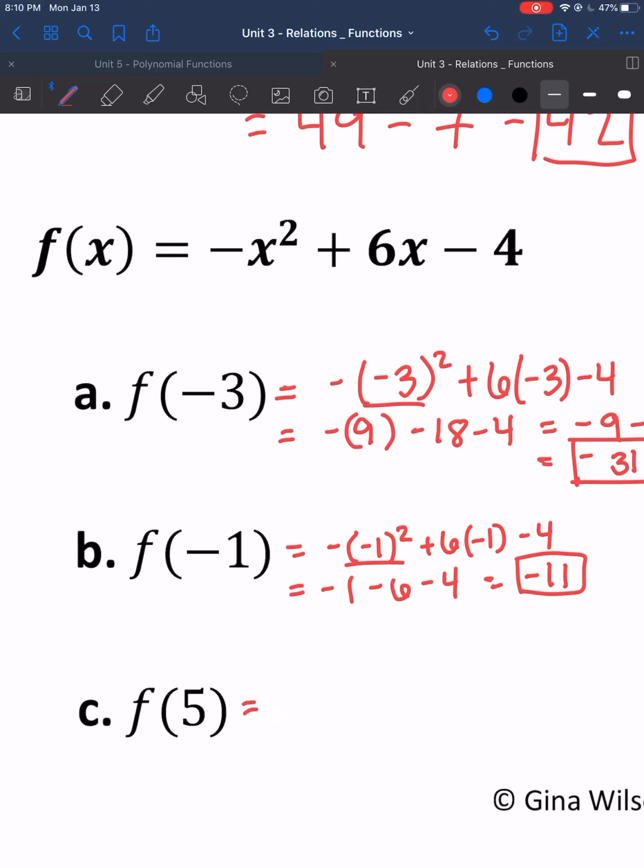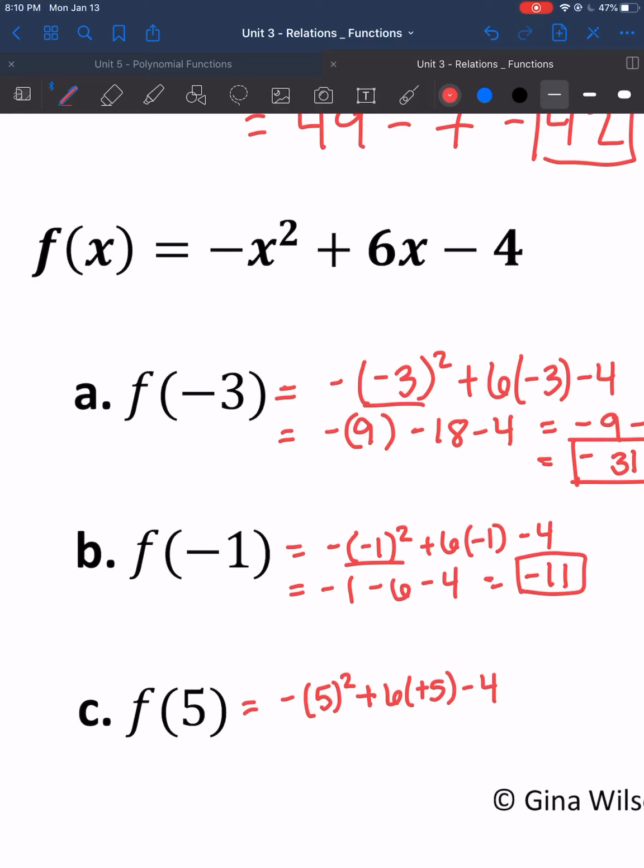So if I wanted to find f of 5, I'm going to plug in 5 for the x. So negative 5 squared plus 6 times positive 5 minus 4. If you notice in this problem, this is where parentheses really play a big part, because you square it before you deal with the negative.